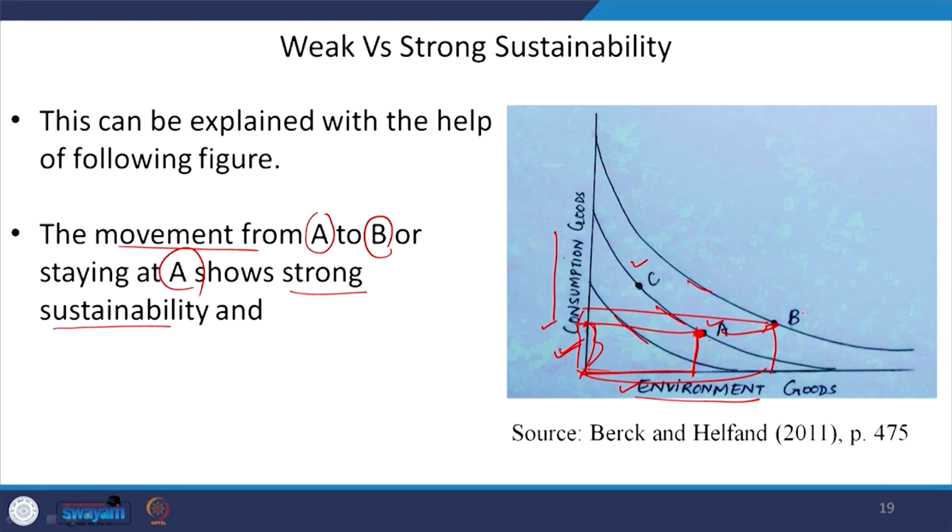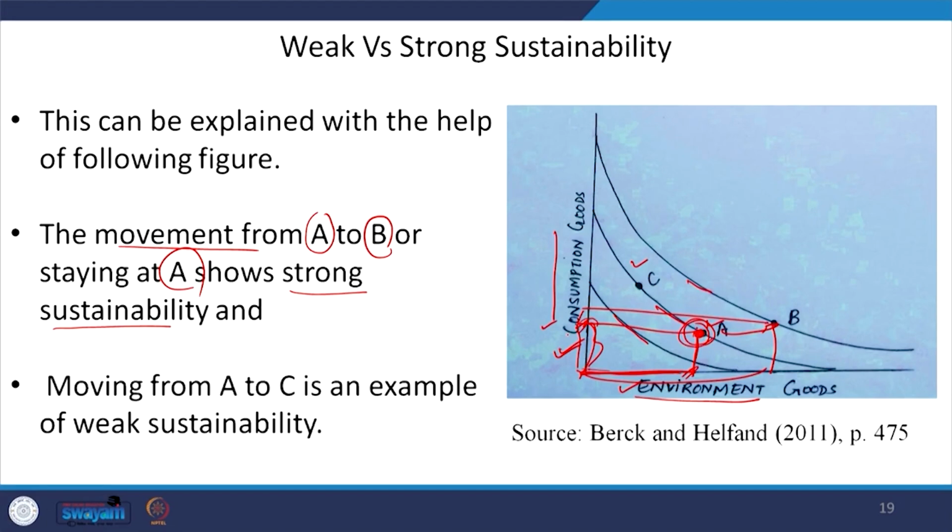And even if the consumer is maintaining his position by staying at A, not moving anywhere like C, then also it is understood as a case of strong sustainability, because by staying at point A, he is maintaining the same level of consumption of the environmental goods as well as the other marketable goods.